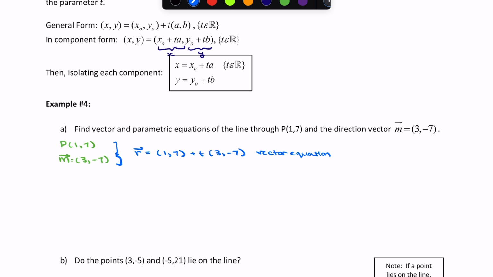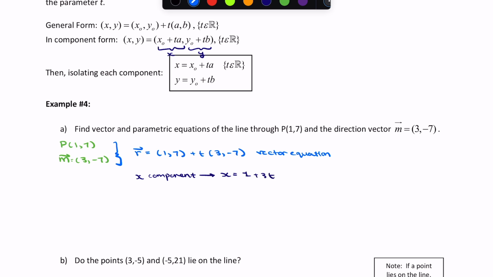And then for our parametric equations, we split up into our x and y components. So let's just write this as the x component. For that, again, we would have x is equal to 1 plus 3t.